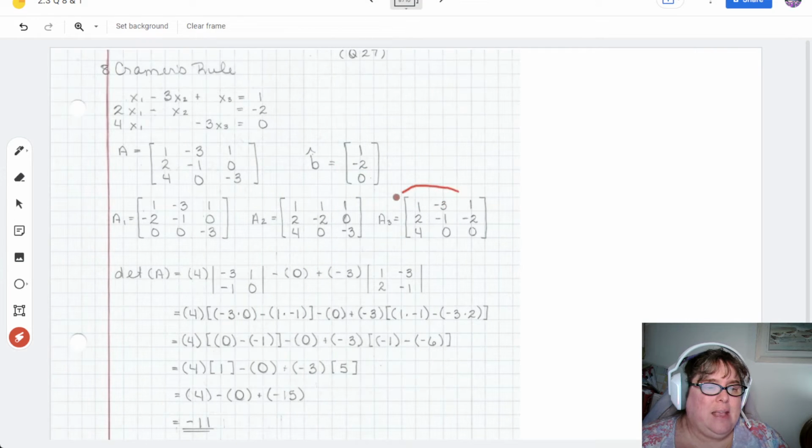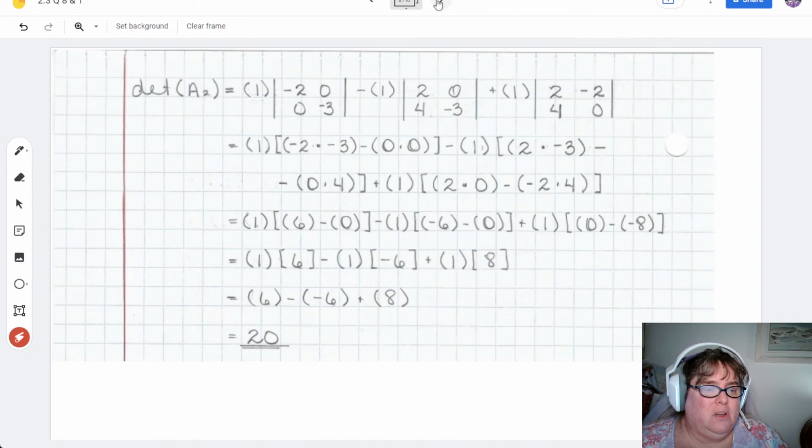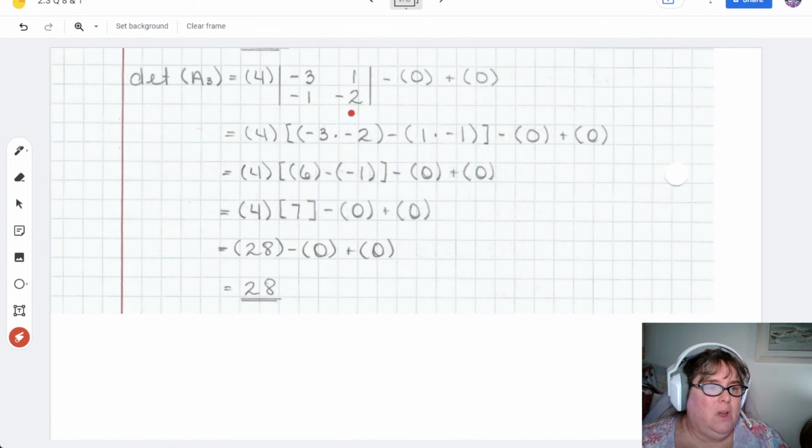For A sub 3, I replace my third column with my solution vector, or solution matrix, and solve using the third row again, which is now primarily zeros. So I just have the one to solve, and I ended up with 28.